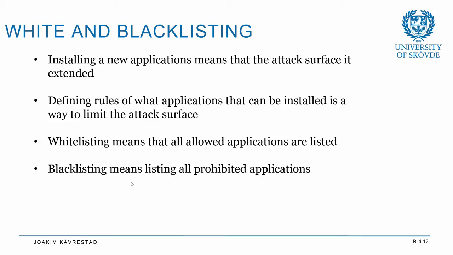Installing a new application means that we extend the attack surface. Whitelisting and blacklisting are opposite approaches of controlling which applications can be installed on a computer using predefined rules. Whitelisting means that we list all applications that are allowed, and everything that is not listed is denied. Blacklisting, on the other hand, means that we list all prohibited applications, and all applications that are not listed are allowed.